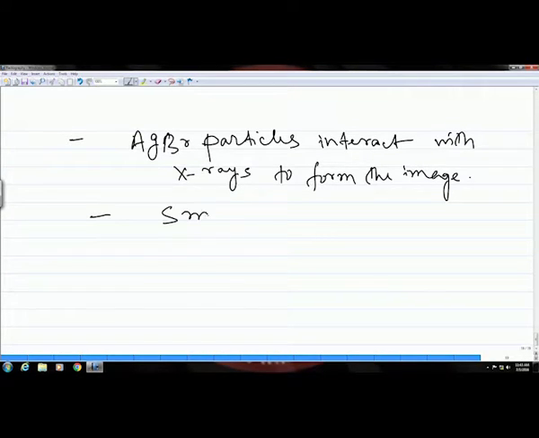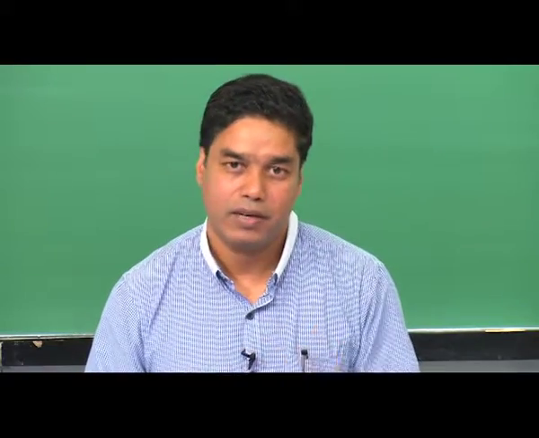A small fraction of the X-ray energy is used in liberating the silver ions, which will form the latent image, and when you further develop it, you will get the contrast.